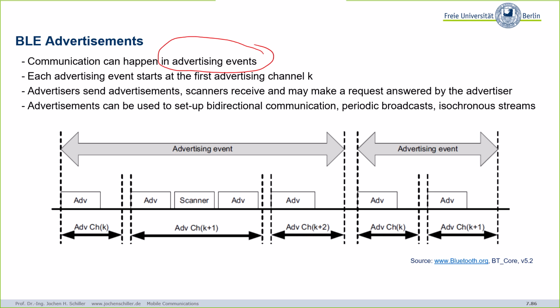So scanners can listen on these 3 advertising channels, and then you can receive, immediately answer, and that could be the whole advertising event. And that's enough to transmit some data. That's way more simple. To transmit some bytes, you can do it like this, and that's all about it.